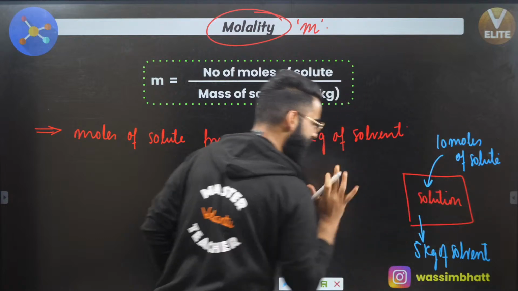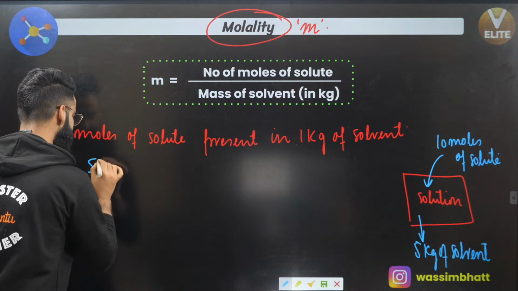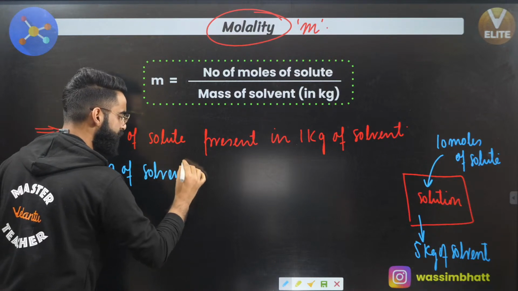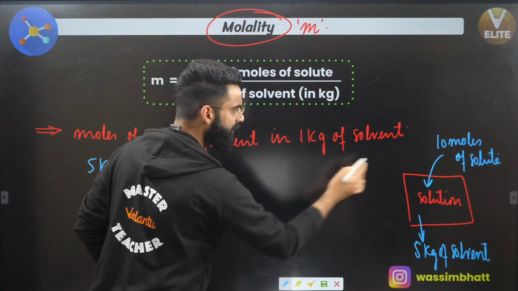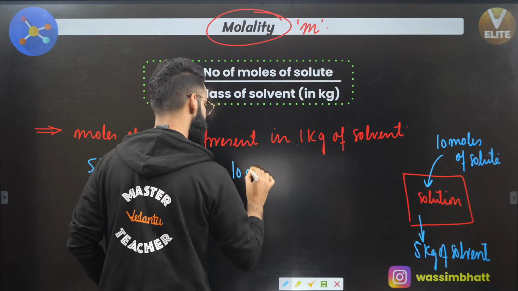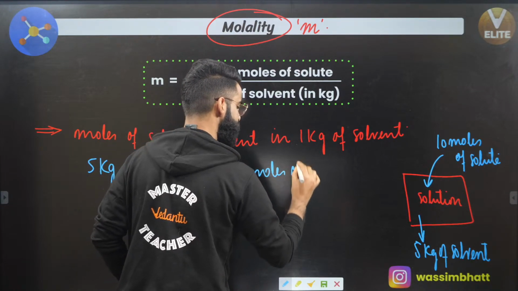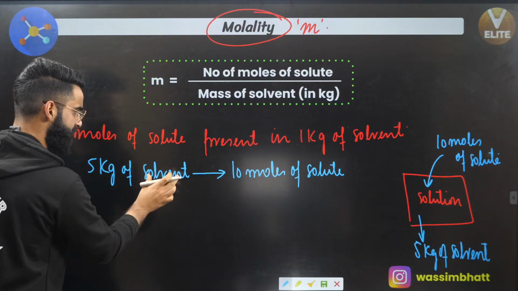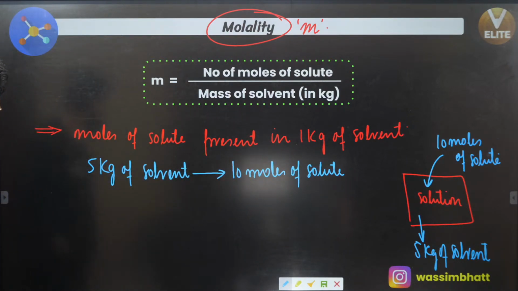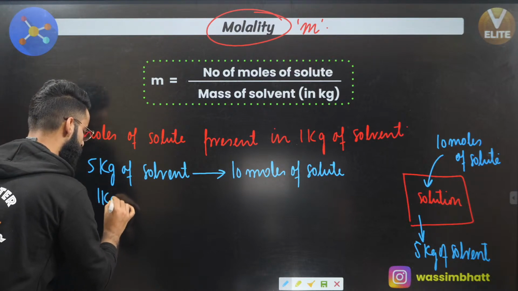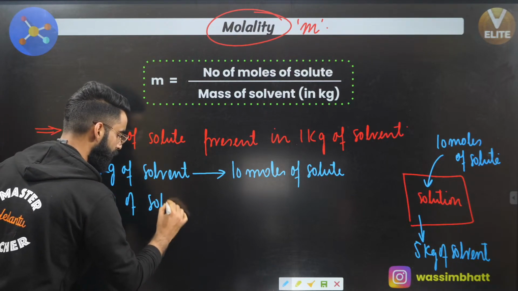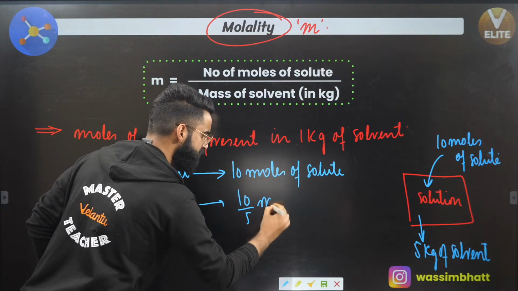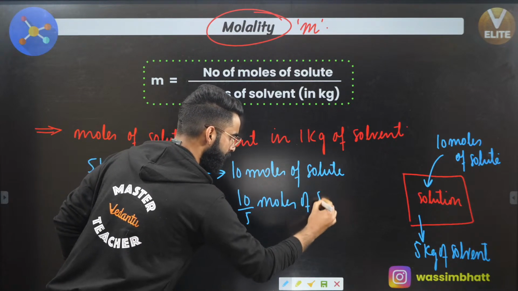So from this scenario, in 5 kg of solvent, how many moles of solute are there? I've got 10 moles of solute. Can I say 1 kg of solvent contains 10 divided by 5 moles of solute, right?